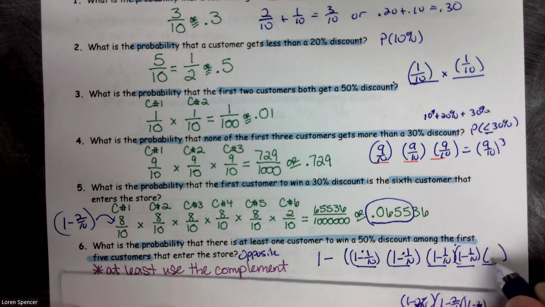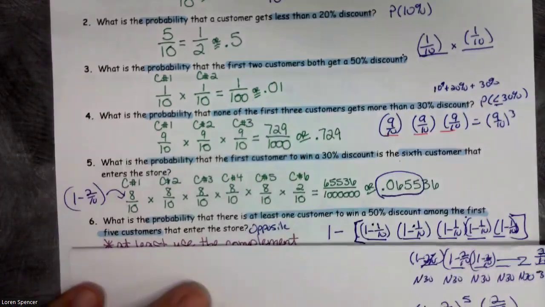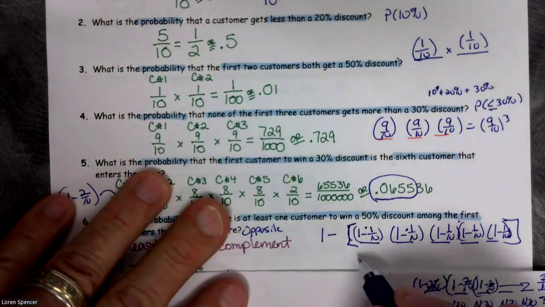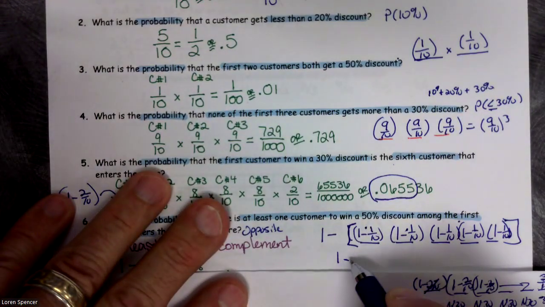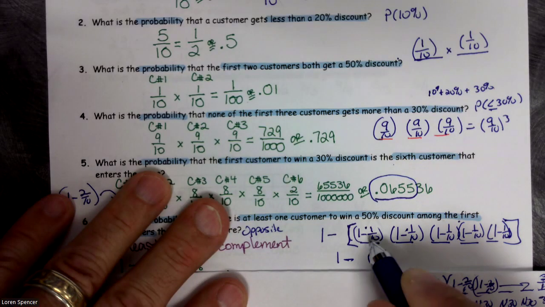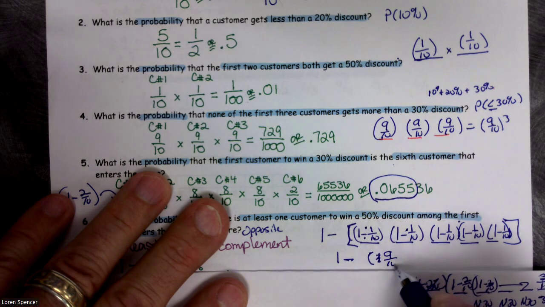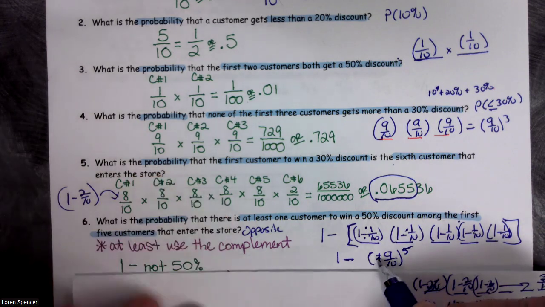And probably by now someone's going, couldn't I just write 9/10 because 1 minus 1/10 is 9/10? And the answer is absolutely yes. So this actually becomes 1 minus, and then you said 1 minus 1/10 is 9/10. So this is 9/10, but how many times do I have 9/10? 1, 2, 3, 4, 5. And this is a difficult problem.